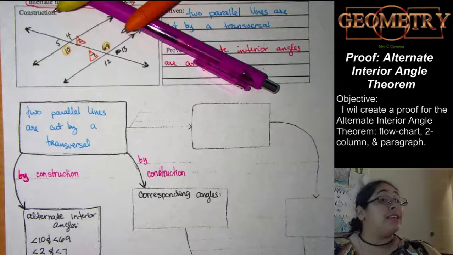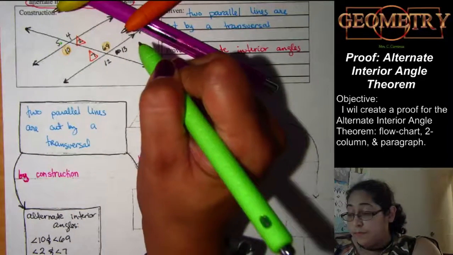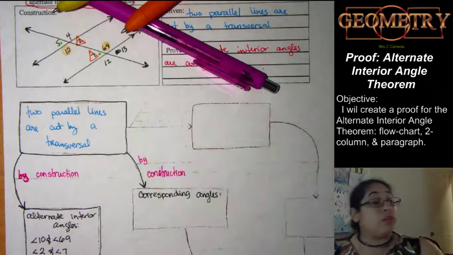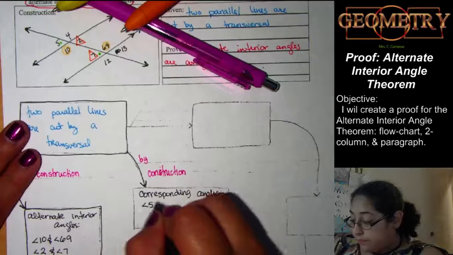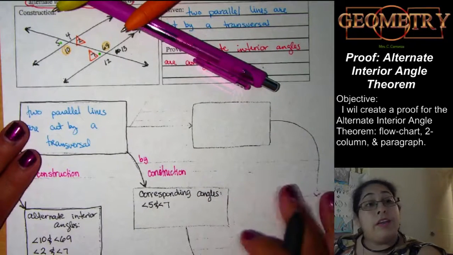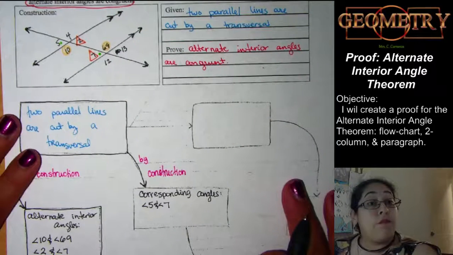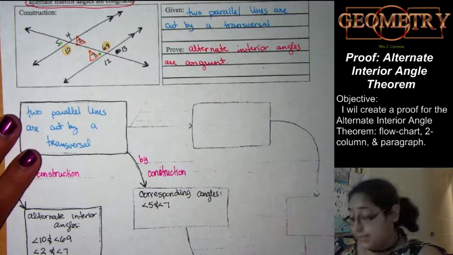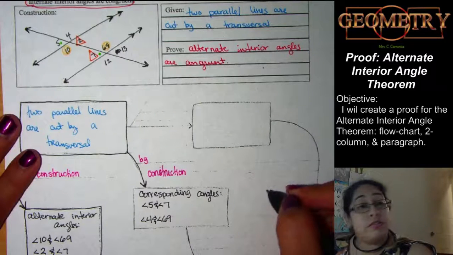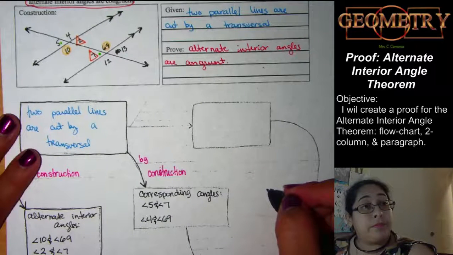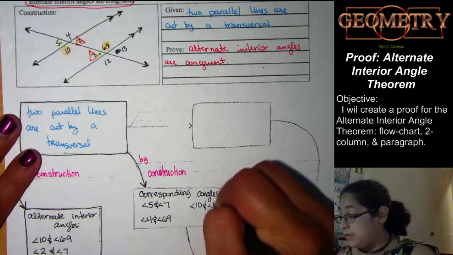So scoot 10 down a little bit. 5 and 7 are the corresponding angles. Are there any other pairs of corresponding angles? 4 and 13? 4 and 69. Okay. Any others? 10 and 12? And someone else to give me the last pair?